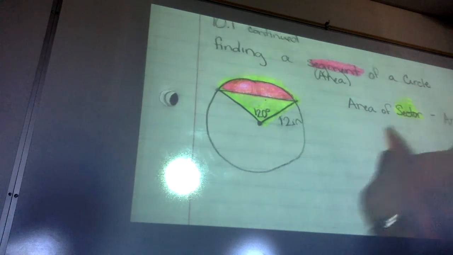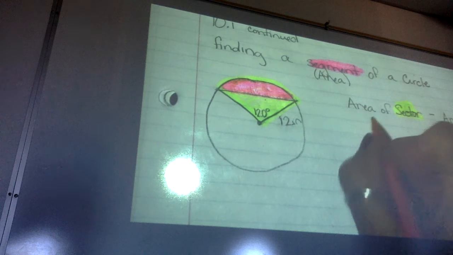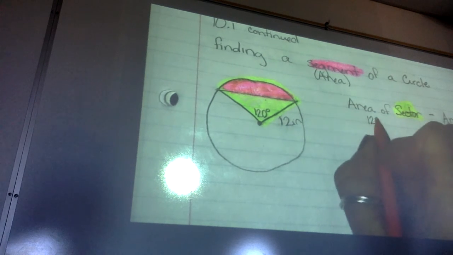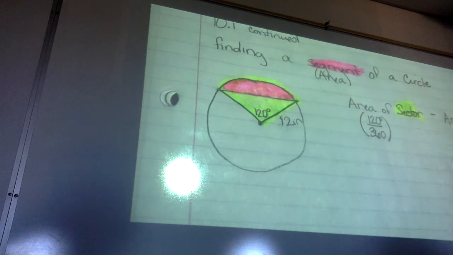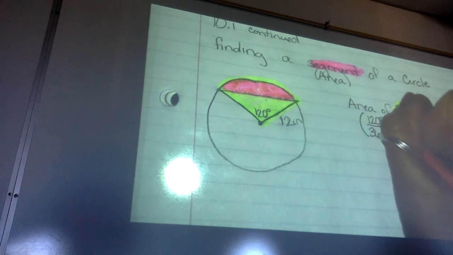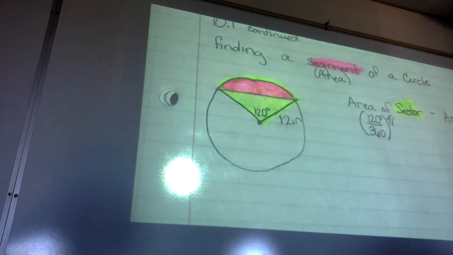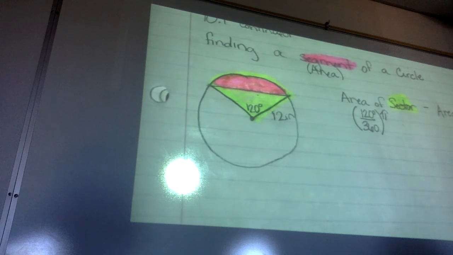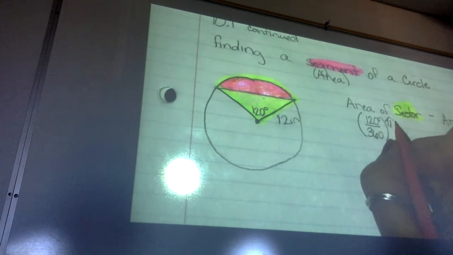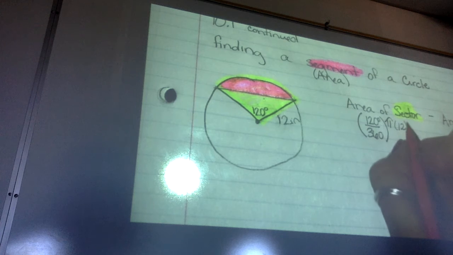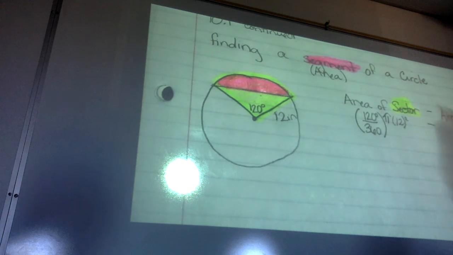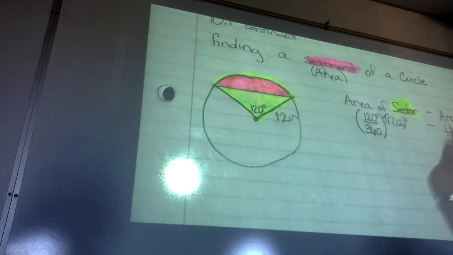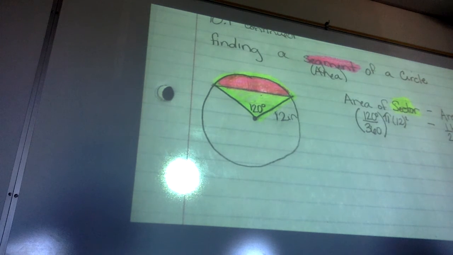We know the area of a sector formula is, for our purposes, 120 over 360 multiplied by pi r squared. Very good. And then the area of the triangle, 1/2 base times height.